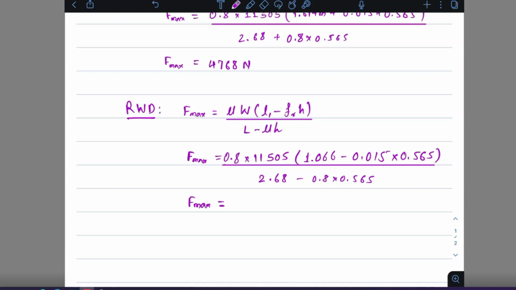So the maximum force after running this calculation is 4369 newtons.